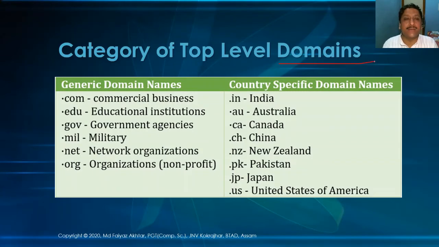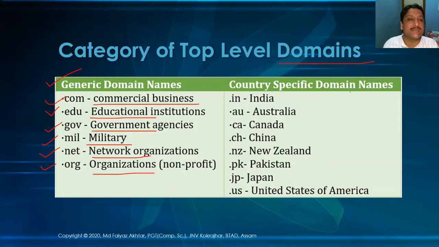Depending on the domain name, many categories of websites are distinguished. See here, the generic domain names. If a website has .com, it means the website is related to commercial business. If it has .edu, it is an educational institution. .gov is government agencies, .mil is military, .net is network organization, .org is non-profit organization.